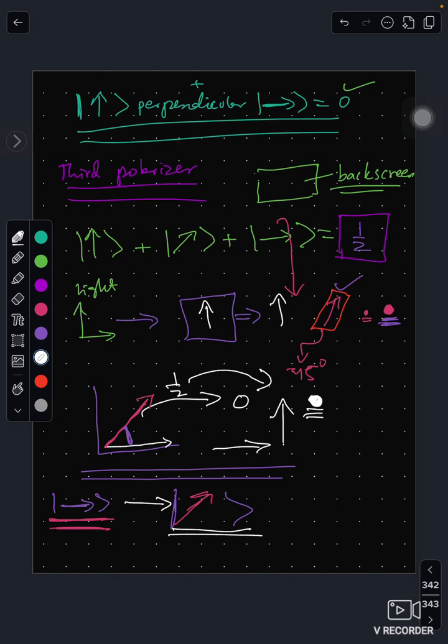On this measurement, what actually happened is the quantum system just changed. Now we have a diagonal state as well.